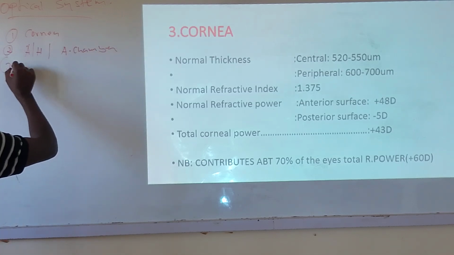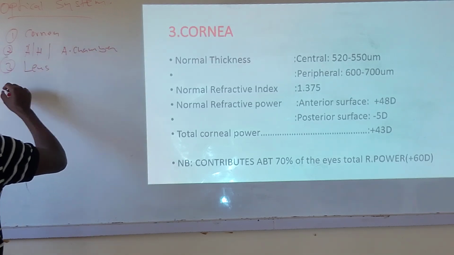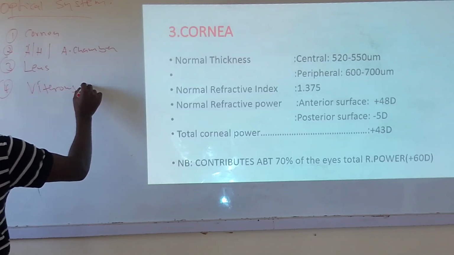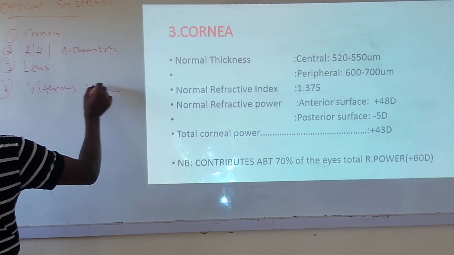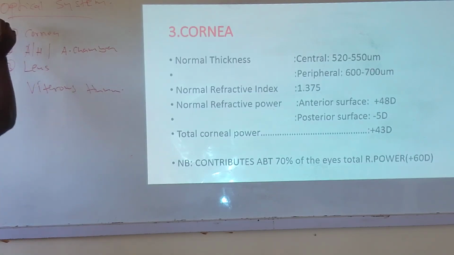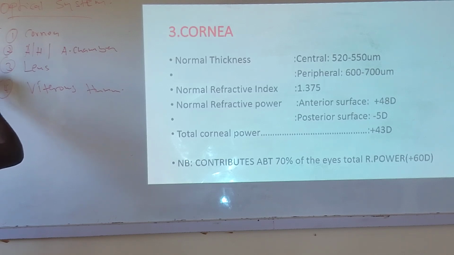We have the lens, we have the vitreous humor. And we say all these structures have similar characteristics. They have transparency, they have to be transparent. They also have optical power, which means they have the ability to bend light.